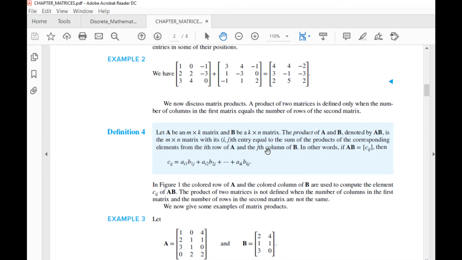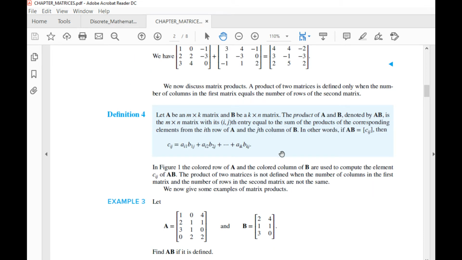Another operation, as I mentioned, is matrix multiplication, or the product of a matrix. The product of the matrix is represented as A times B, denoting the product.